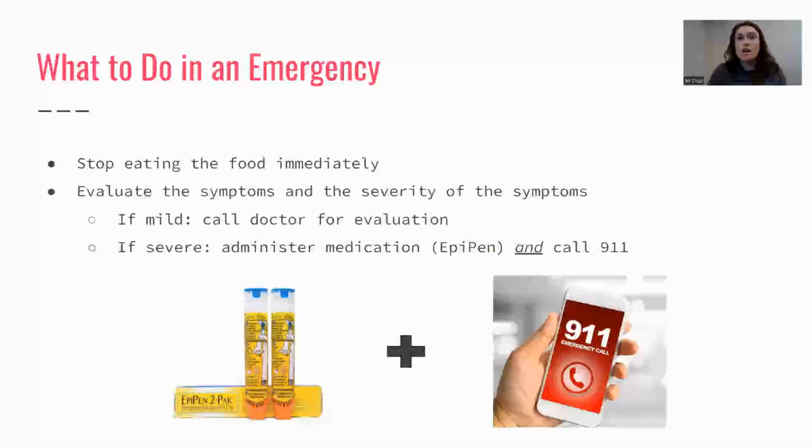This is important because the symptoms may not always be the result of an allergy. It could be from another underlying issue. So you definitely want to see your doctor if you're experiencing any kind of mild food allergy. If it's severe, again, administer the EpiPen and call 911.